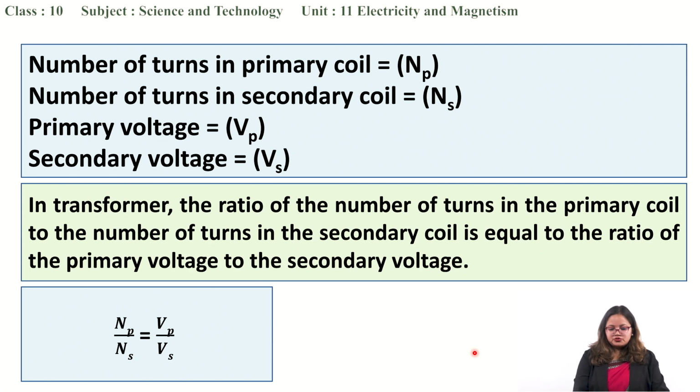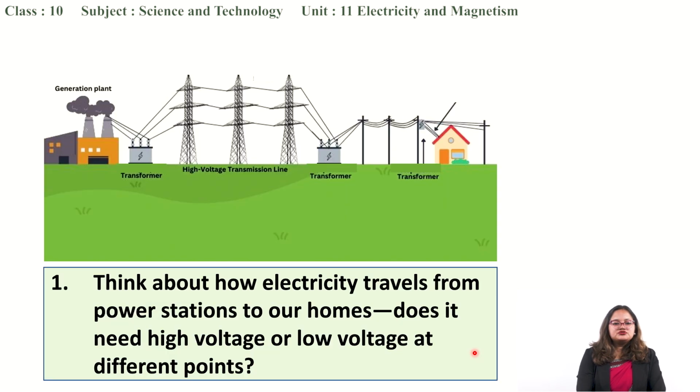But before proceeding further, let me show you this image. I left you with this image in the earlier class, right? So here you can see in this generation plant, one transformer is connected here. This is a high voltage transmission line, and here you can see another transformer, and these are the electrical poles near our home.